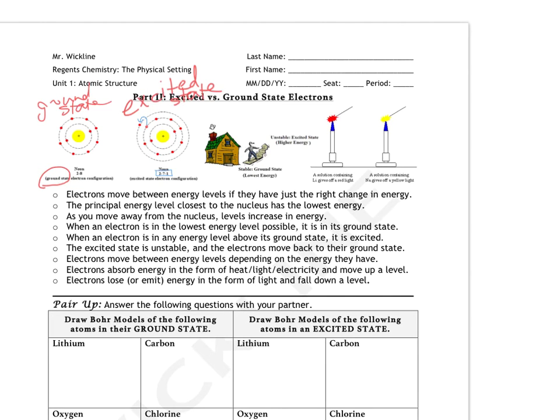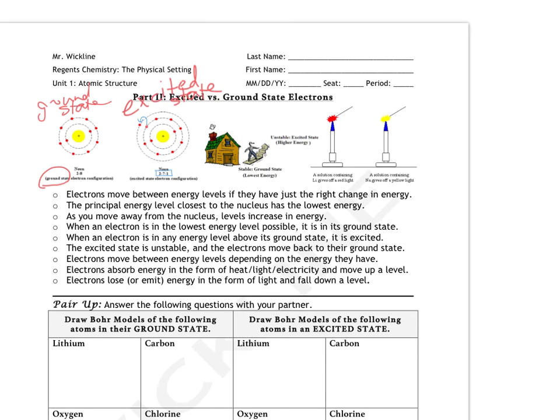And in that process, it will release the energy that it had absorbed in the form of light. And depending on the element and its electron configuration, you're going to get a different color of light for different elements. And that's because these different configurations are going to lead to different amounts of energy being absorbed, which will lead to a different amount of energy being released, and that's going to translate into different colors.